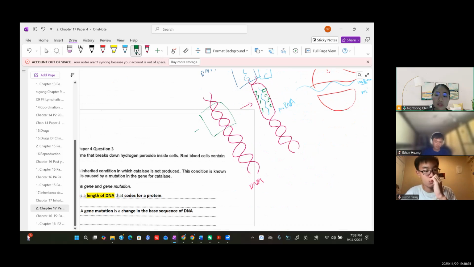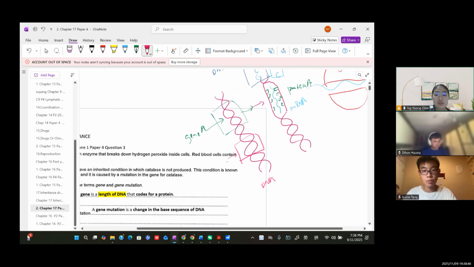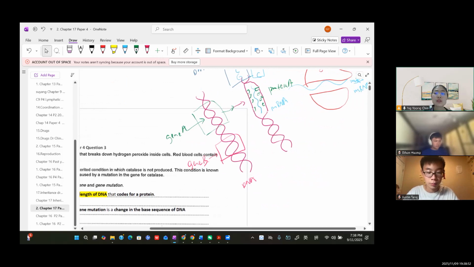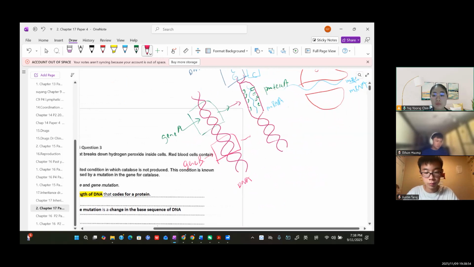For example, these regions contain gene A. Gene A later can produce, for example, protein A. But there will be another location of the gene, gene B. So this gene B will produce protein B.